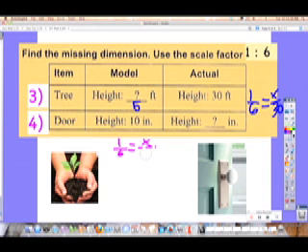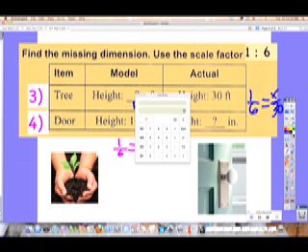Over 10. I just divided 10 by 6 and got 1.6.